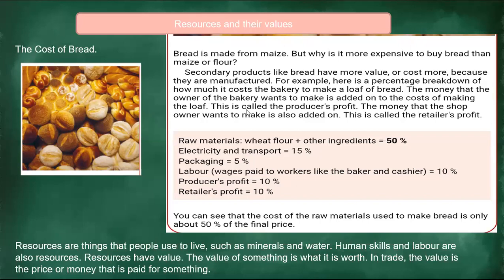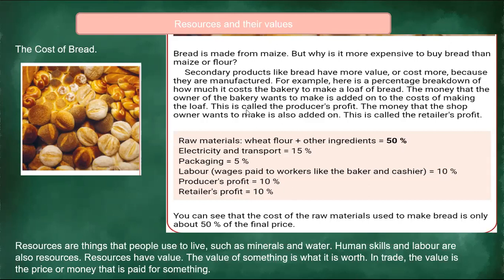Bread is made from maize, but why is it more expensive to buy bread than maize or flour? Secondary products like bread have more value or cost more because they are manufactured. For example, here's a percentage breakdown of how much it costs the bakery to make a loaf of bread.